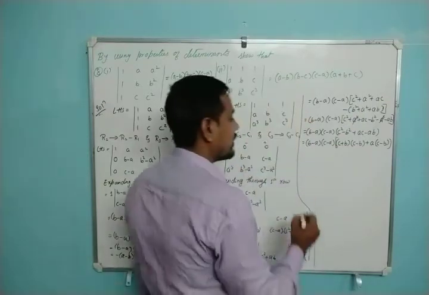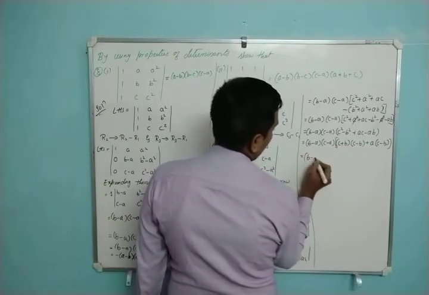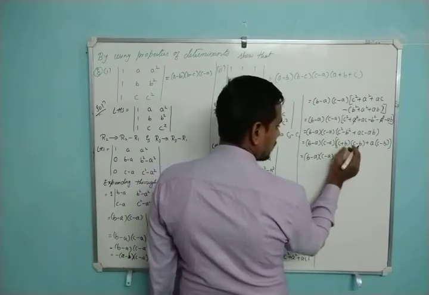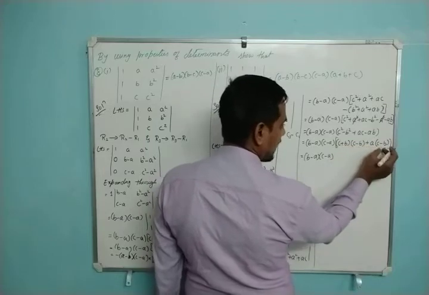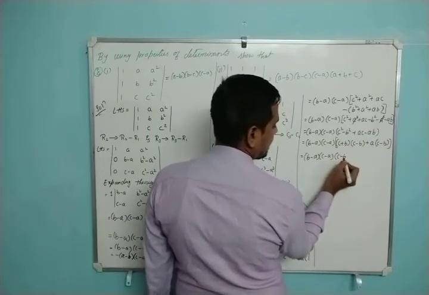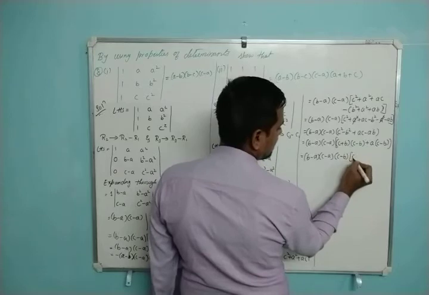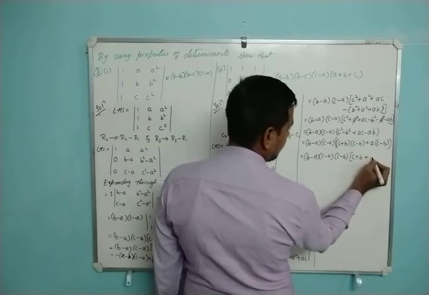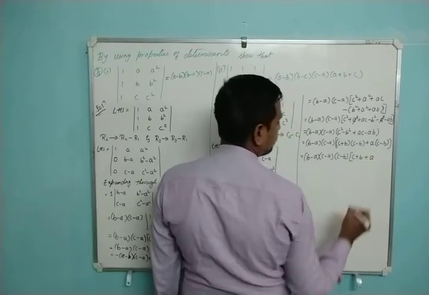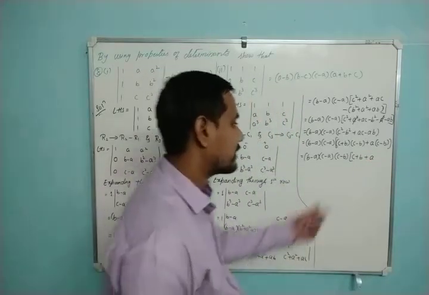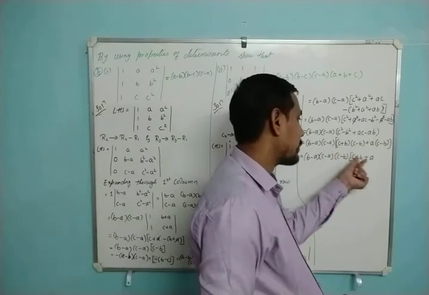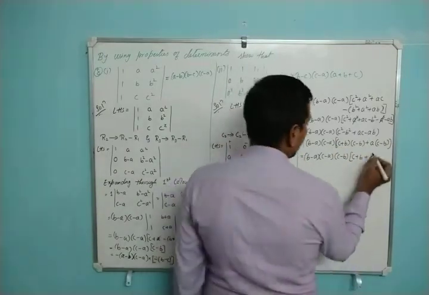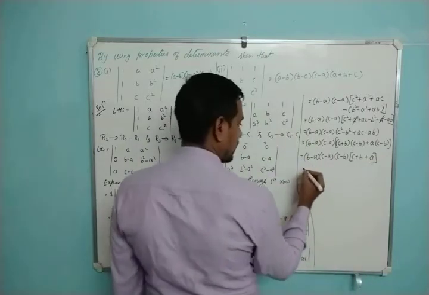C minus B. B minus A into C minus A, right? So here also I have C minus B, here also I have C minus B. Take C minus B out, then what remains? C plus B, then plus A. C plus B plus A. So C minus B comes out, C plus B remains, and only A will remain.